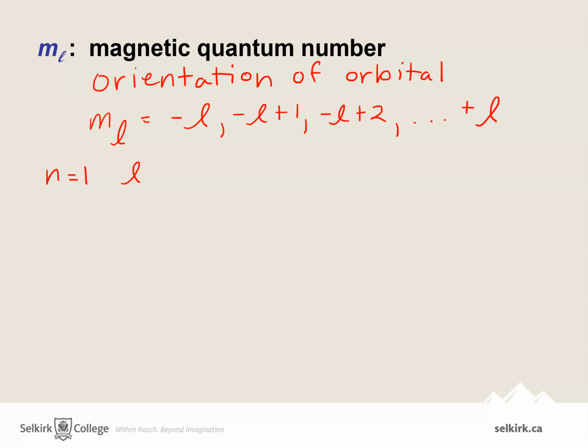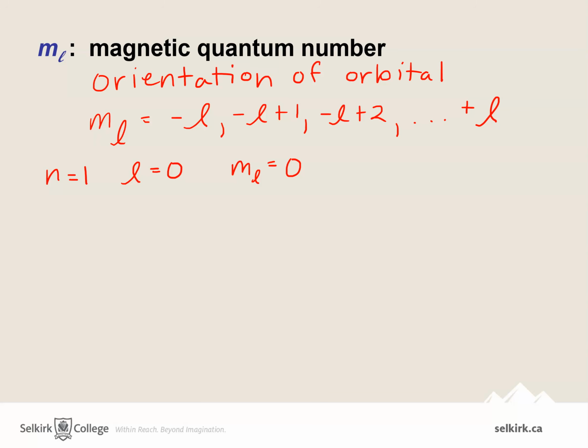Then we said that L has to be 0 at the first energy level. There's only one sublevel. That's the 1s. Now, what are the values for ml? ml can be anything from negative L to positive L. But for an s orbital, L is 0, so ml can only be 0.